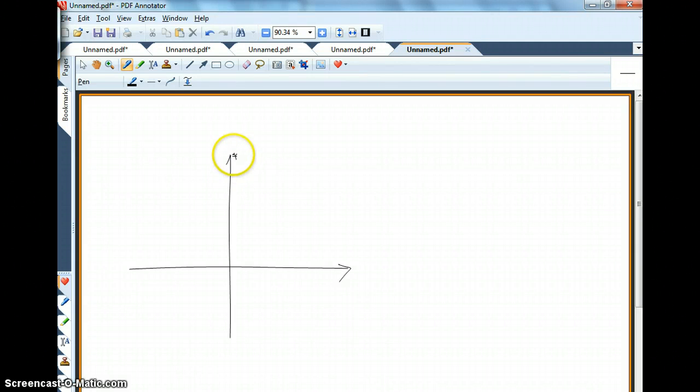But basically, you have a number in front of the x squared, and the dotted line one represents the standard parabola with a equal to 1.